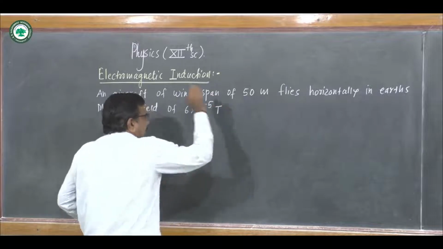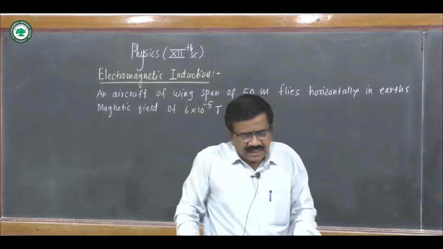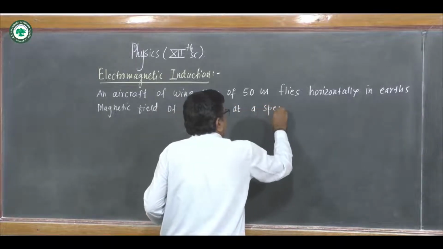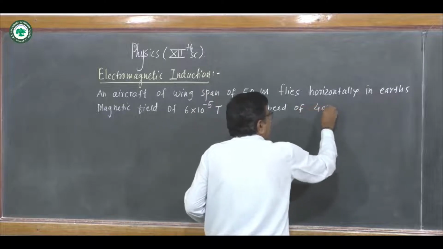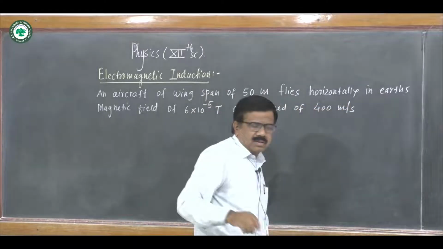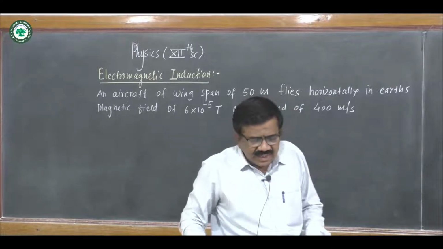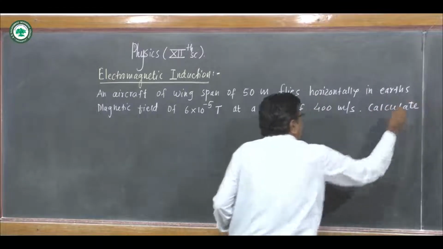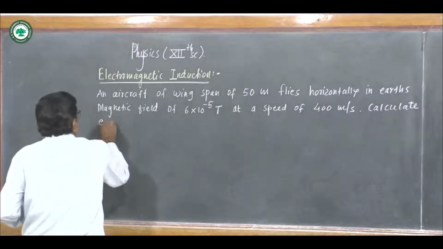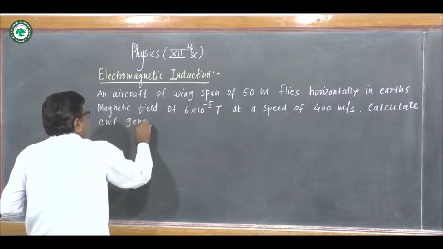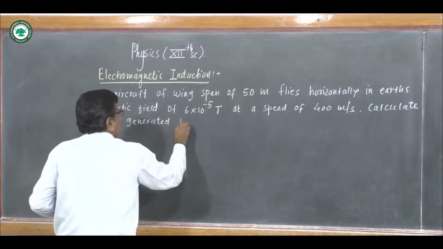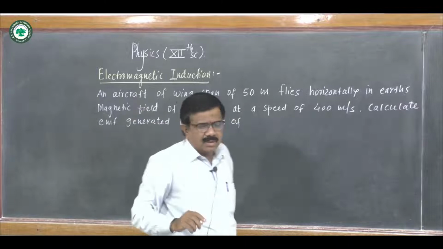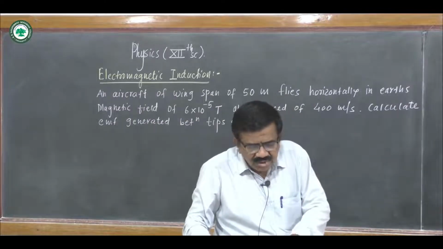This is the magnetic induction, 6 into 10 raised to minus 5 Tesla, at a speed of 400 meter per second. Calculate the EMF generated between the tips of the wings of the aircraft.